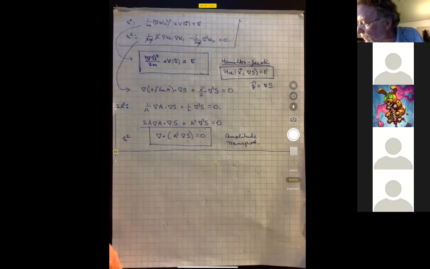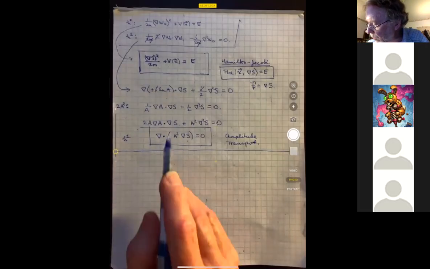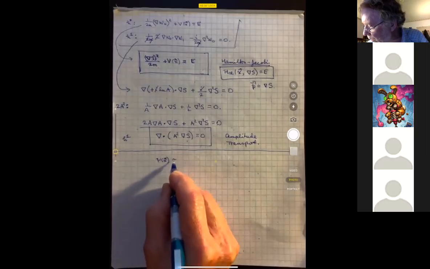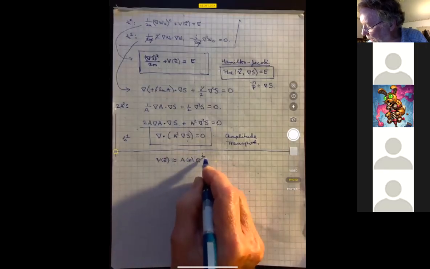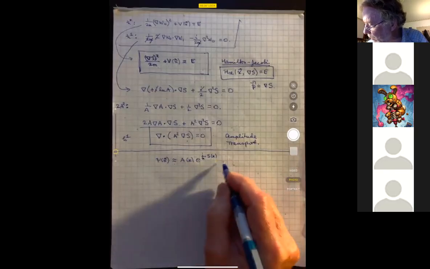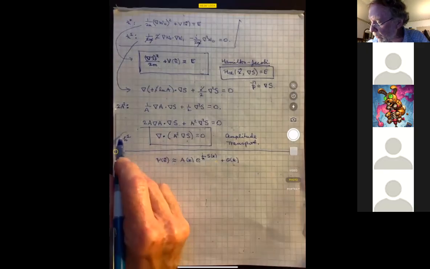This is how, in fact, Hamilton and Jacobi dealt with it. All right. Now about this del dot A squared del S, we have our wave function psi of x, which we now recognize is only approximately given by A of x times e to the i over h bar S of x, approximately because these are only the lowest order terms. There are actually plus order h bar corrections that come in. I didn't go to h bar squared.